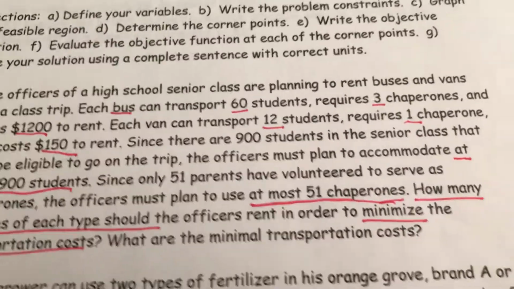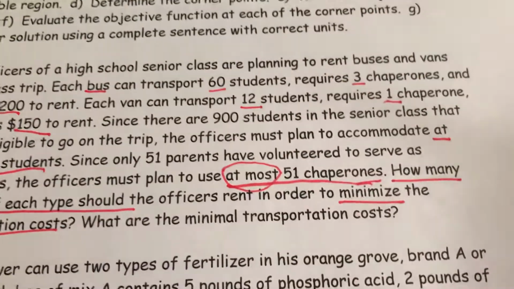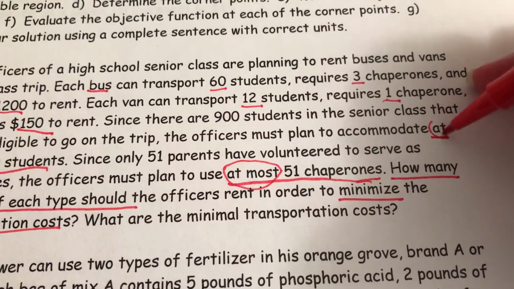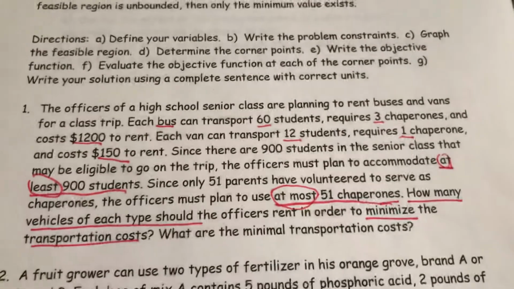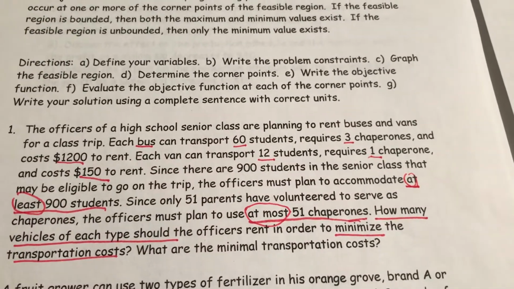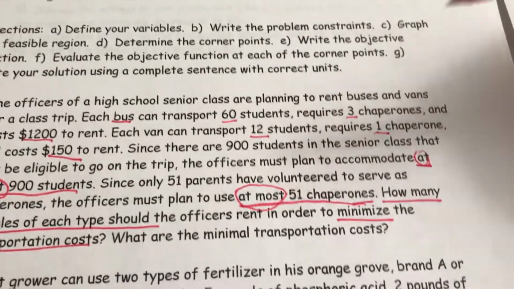We're going to get back to at most and at least. That is a part of language that can be the most confusing for these inequalities.